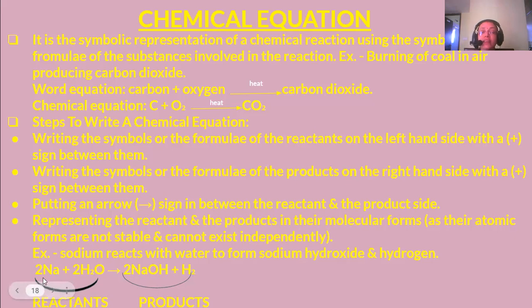This is the reactant side, we put a plus sign between them, and this is the product side, and we put a plus sign between them if more than one product is formed. Then we put an arrow sign between the reactant and the product side. This way we write a chemical equation, and then we balance it also.